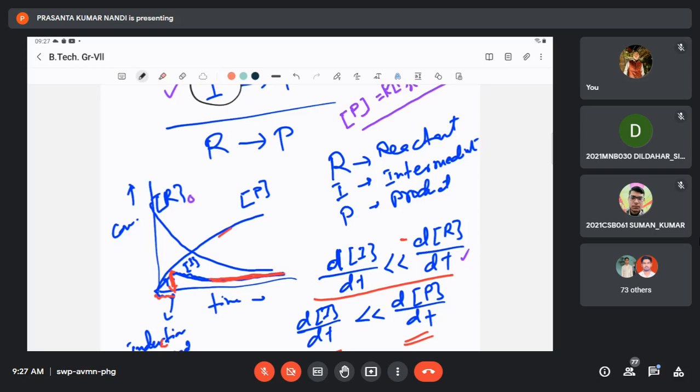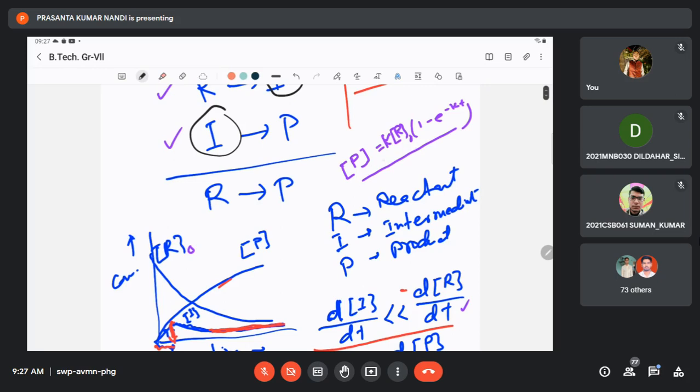If we plot concentration versus time, the reactant concentration, as usual for a first order rate equation, decreases steadily, and the product concentration increases, following the equation we discussed earlier for the first order reaction.